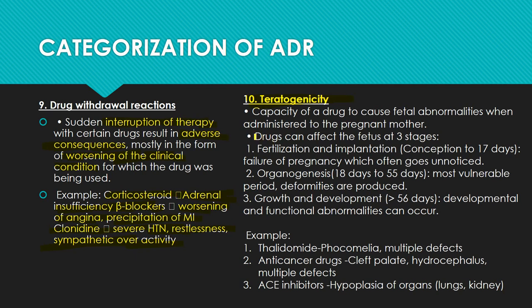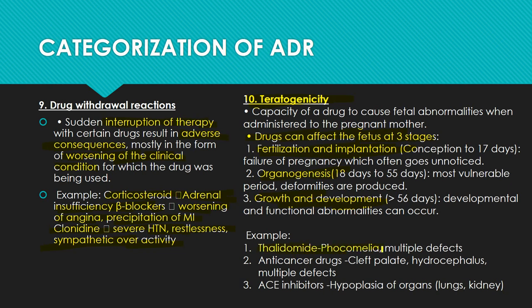So here you see what are the steps how the drugs can affect. See, this is very important, how drugs can affect. Fertilization and implantation stage, the drugs can affect. Organogenesis, when the organs of the fetus are developing, that can be affected. And the growth and development of the fetus, that also can be affected. So in these 3 phases, the drugs are affecting.